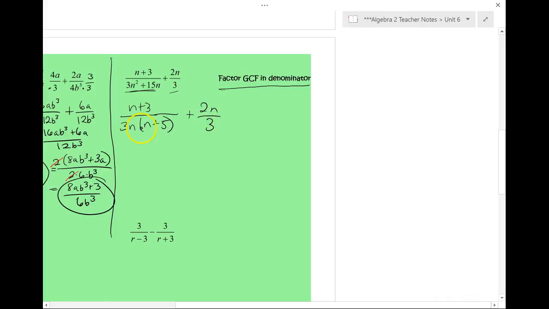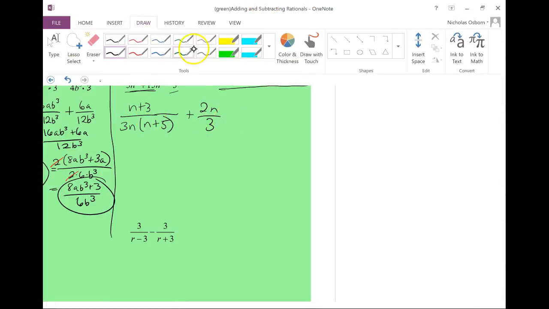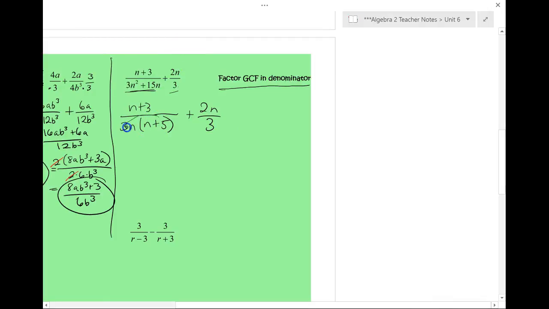And now I know that I have to multiply that 3 times n times the n plus 5. Okay? So now I multiply 2n times n plus 5 on the top and the bottom.